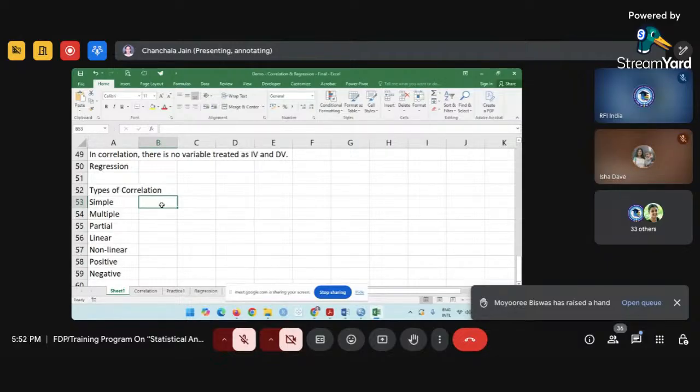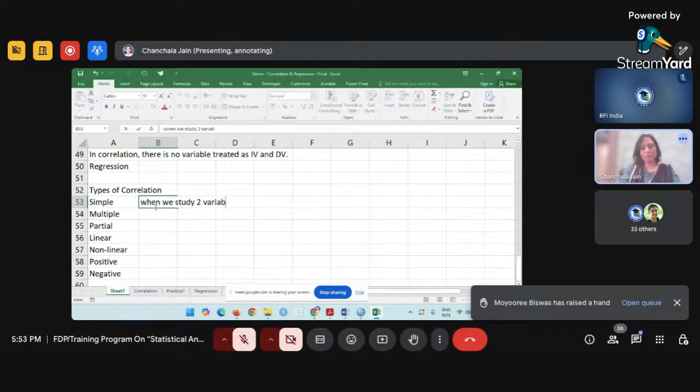Yeah. So starting with the simple correlation, when we study two variables, it is known as simple. It means we are having only two numeric, two categorical, or whatever it is. So it is known as a simple correlation, right? When we study more than two, it is known as multiple.